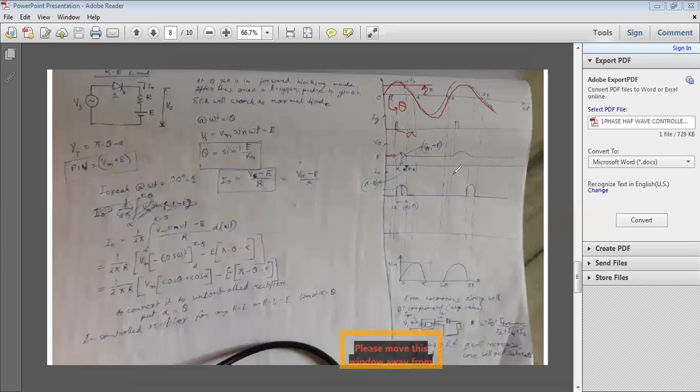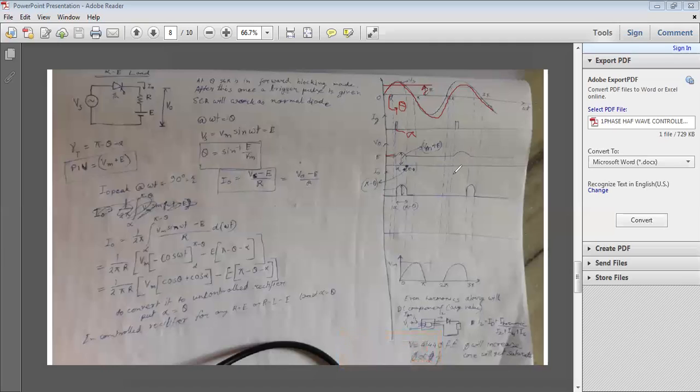So at theta, the SCR is in forward blocking mode. After this, once a trigger pulse is given, the SCR will work as a normal diode. So at omega t equal to theta, source voltage is equal to the battery voltage, and that is equal to Vm sin omega t.